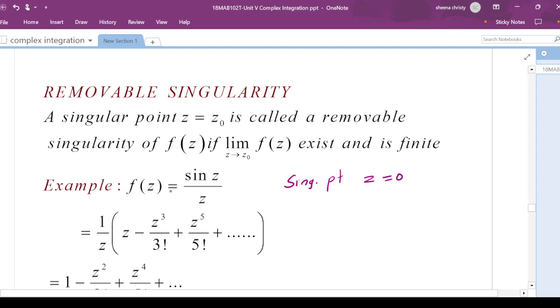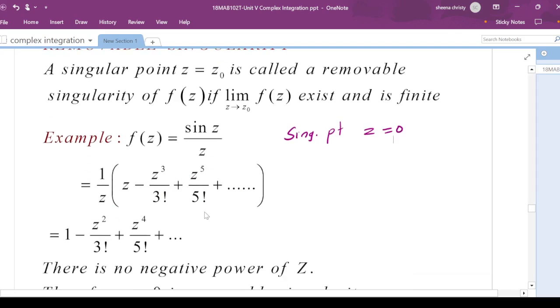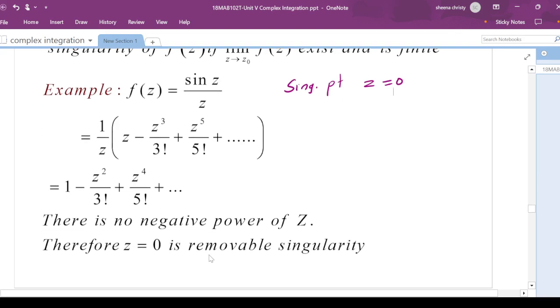So we know the expansion of sin z. The sin z expansion is z minus z cube by 3 factorial plus z power 5 by 5 factorial, etc. Dividing this series by z, you are going to get 1 minus z square by 3 factorial plus z power 4 by 5 factorial, etc. There are no negative powers of z, and here by applying the limit as z tends to 0 of sin z by z, we are getting the answer as 1.